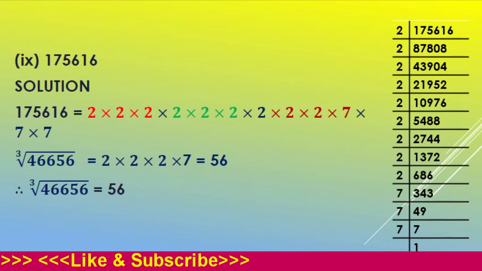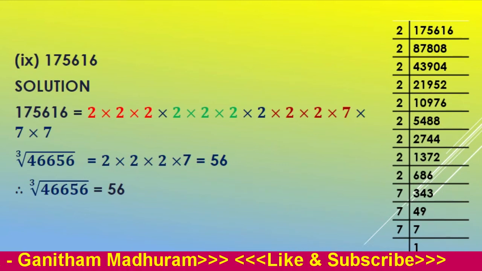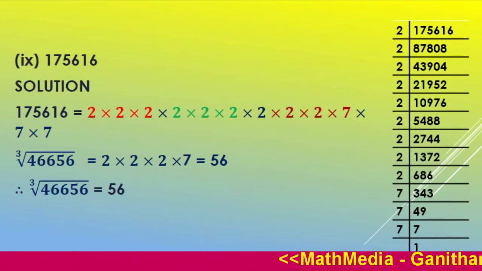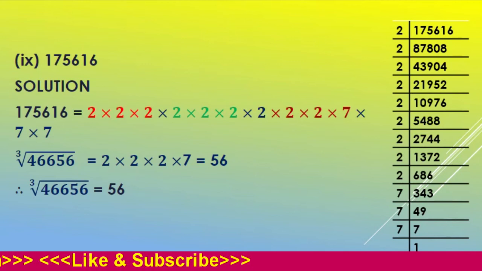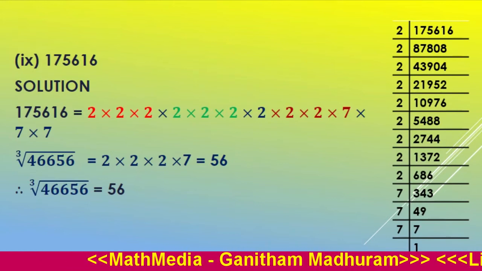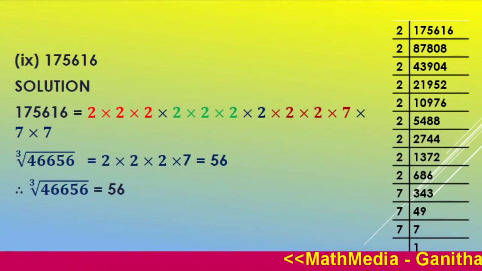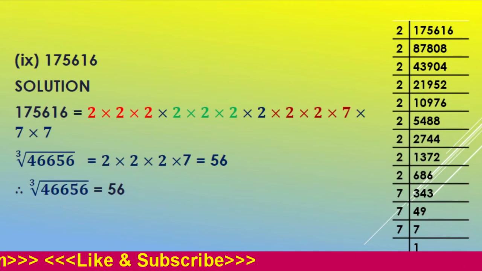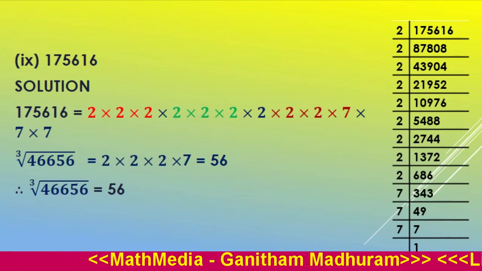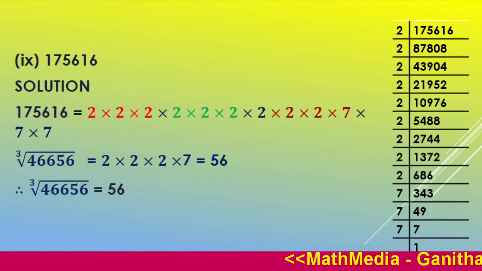Hence the cube root of 1,75,616 will be the product of these numbers. That is the product of 2 into 2 into 2 into 7. That is 8 into 7 equal to 56. Hence the cube root of 1,75,616 will be 56.